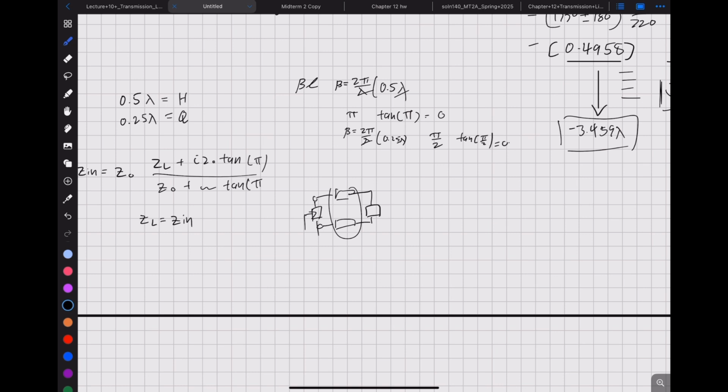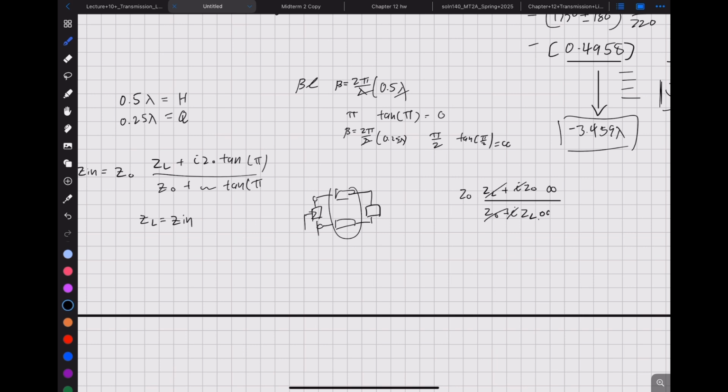So because these are infinity, we can take out these terms because they're negligible.